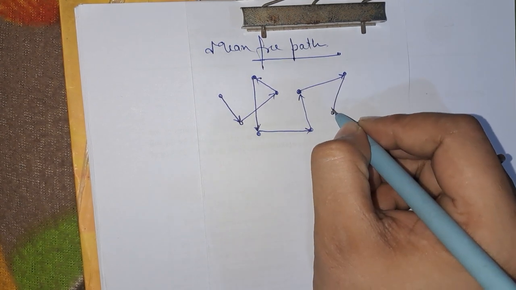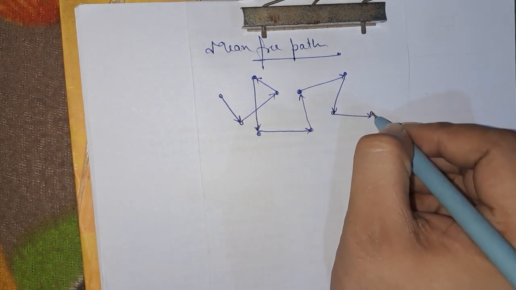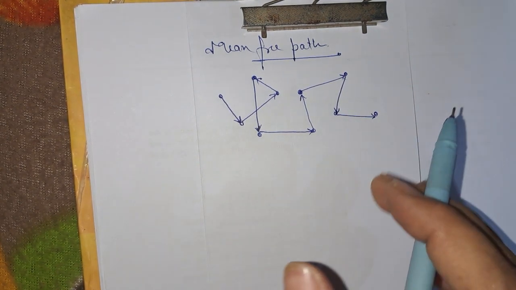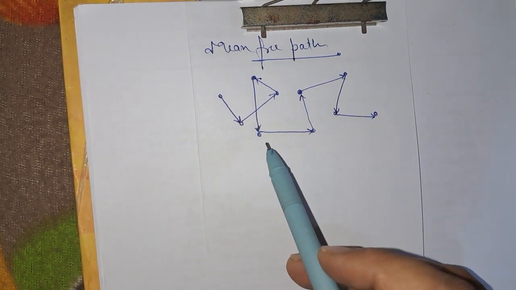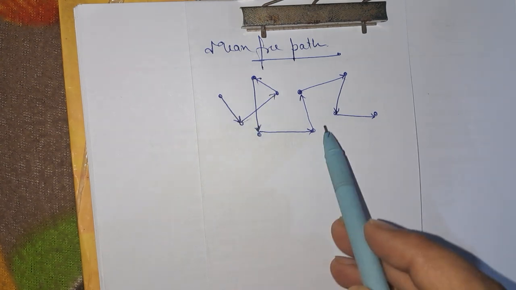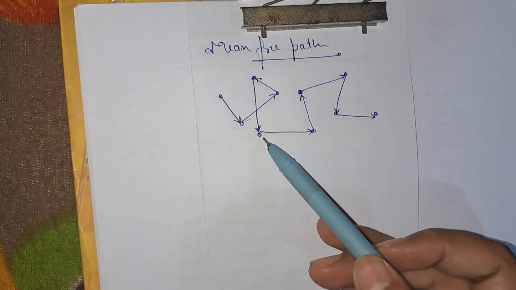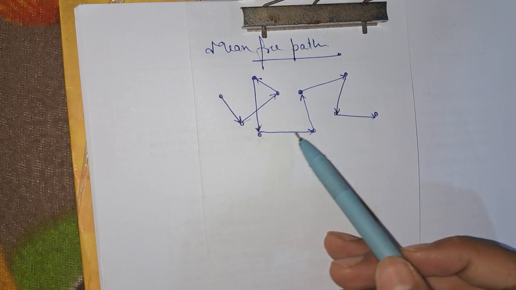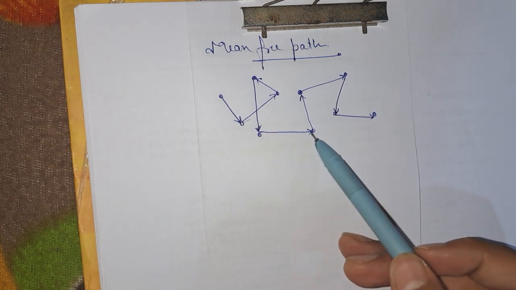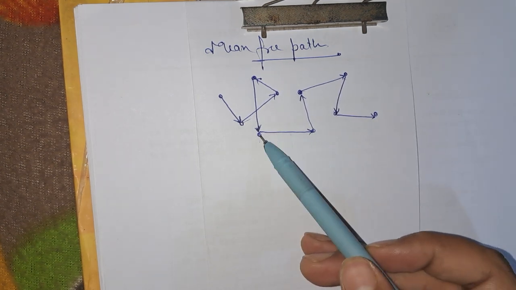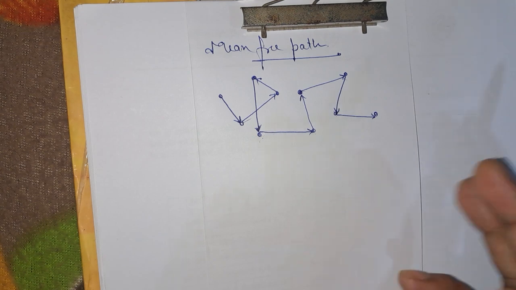Suppose this is how the collisions are taking place: the particle is moving in some random direction, but between two collisions the particle's path is free of any kind of force.